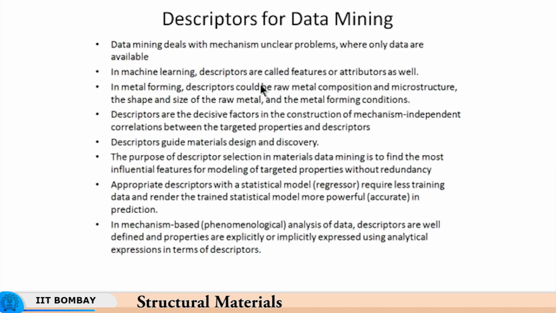The mechanism based analysis of data is physics based data. So descriptors are well defined and properties are explicitly or implicitly expressed using analytical expressions. That is what we are familiar with. We are familiar with the formulae correlating certain amount of the chemical composition with the strength of material. So if you have a deterministic expression, a mechanism based expression, then this is called mechanism based analysis of data.